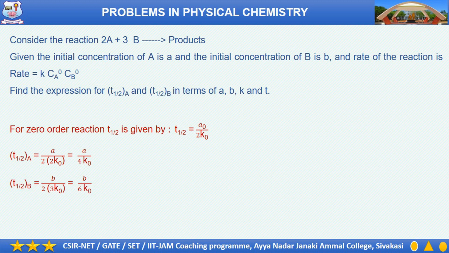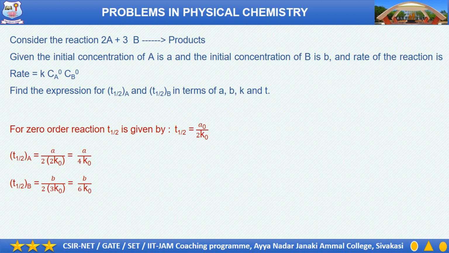What will be the t half for the reactant B? Immediately you can tell B divided by 2 K naught. Here K naught is nothing but the 3 K naught. Therefore, it is equal to B by 6 K naught.